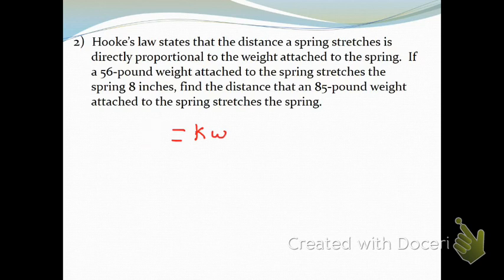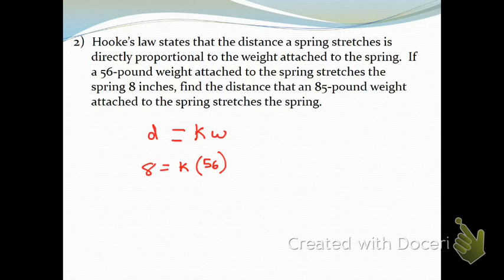How about distance? Isn't that what we're going to find? The distance the spring stretches is directly proportional to the weight of the spring. If a 56-pound weight attached to the spring stretches 8 inches, so 8 equals k times the weight, 56 pounds.